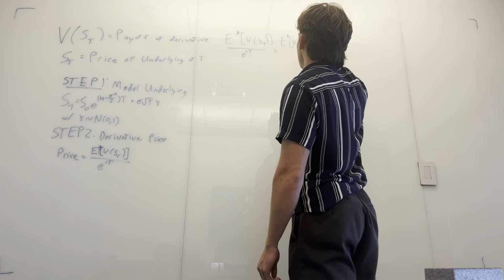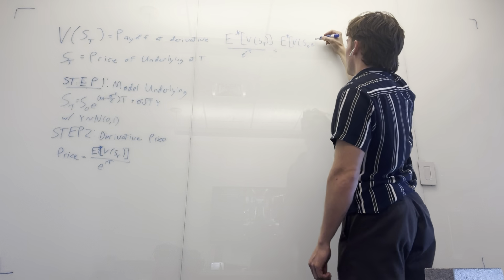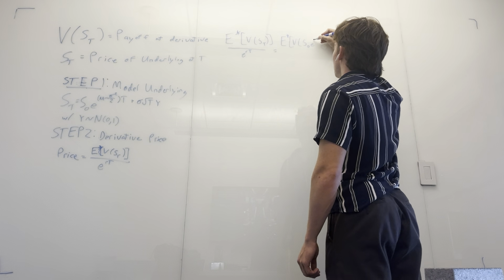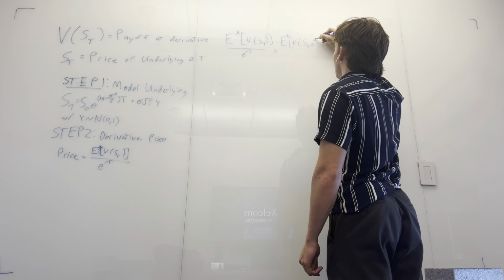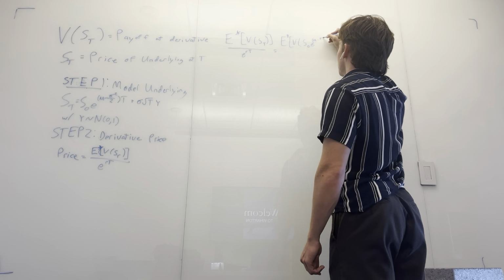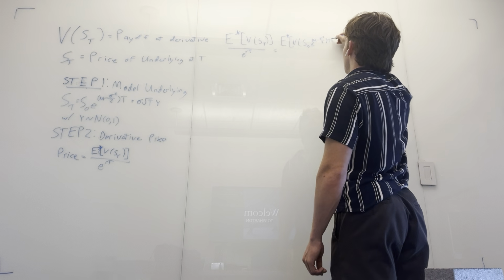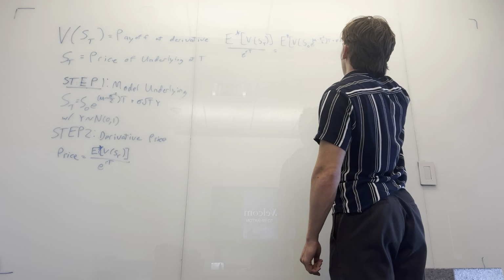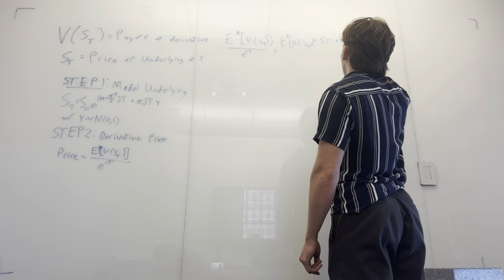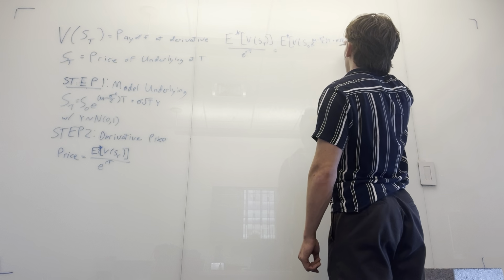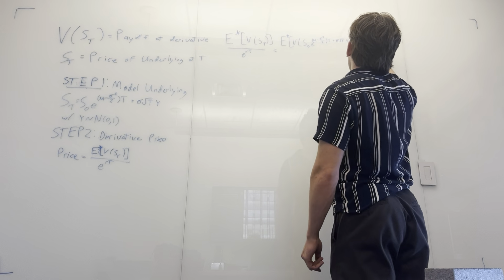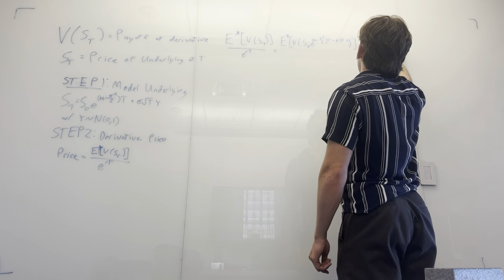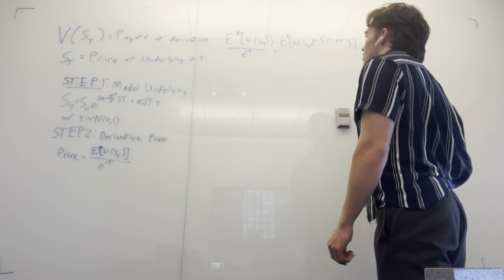And we're going to say that this is equal to our formula, e to the mu minus sigma squared over 2 T plus sigma root T y. This, and then I'm going to take my e up top, keep the minus RT.